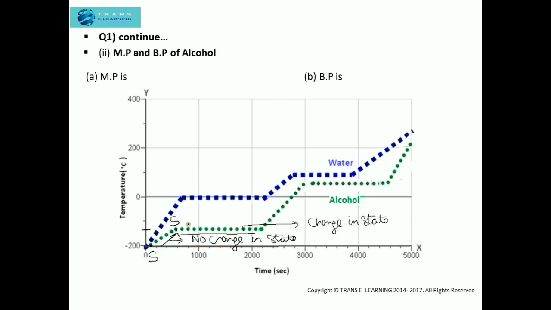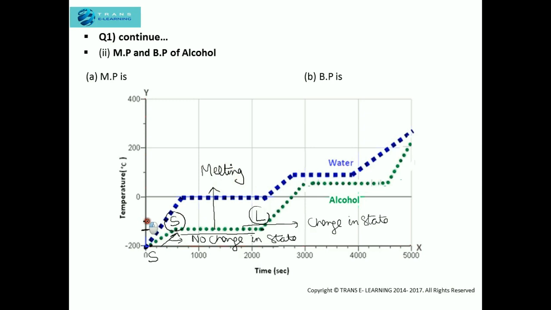So as we are providing heat, at this point we'll be having the liquid alcohol, and the process of changing a solid into a liquid on heating is known as melting. So here we can have the melting point of alcohol.